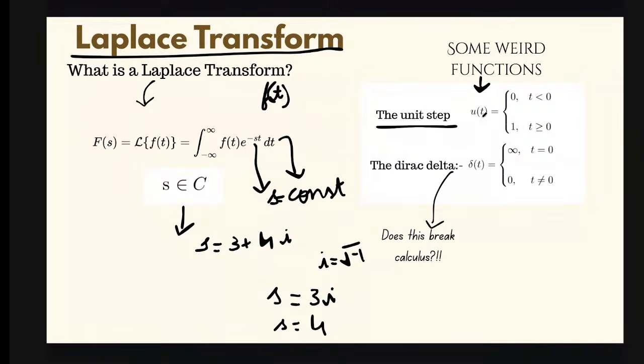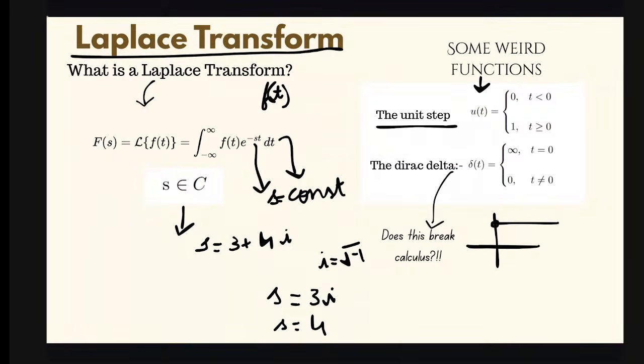For the unit step, it's just a function that I'm defining, where for less than 0 it's 0, and for greater than 0 it's 1. Do notice the discontinuity at t equal to 0. We will talk about it, but it's not a necessary implication and it doesn't really matter much.